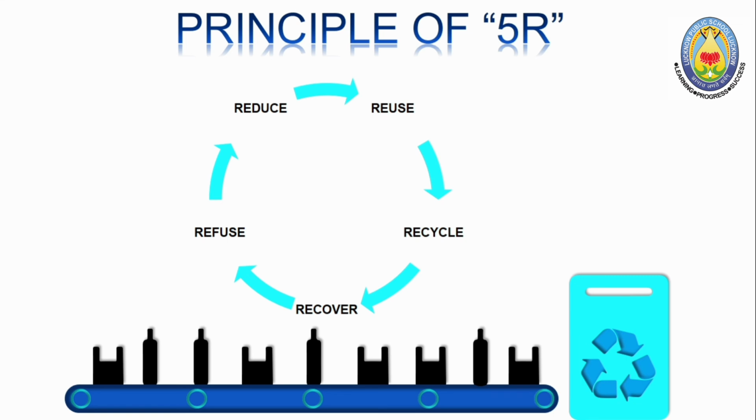We should reuse plastic articles whenever it is possible, and we should recycle old and discarded plastic articles if it is possible for us. We should recover plastics by converting waste into some useful resources. We can refuse to use the products which are harmful to the environment also.